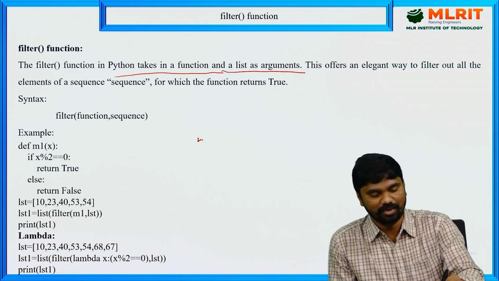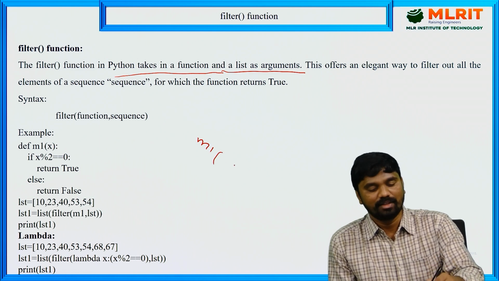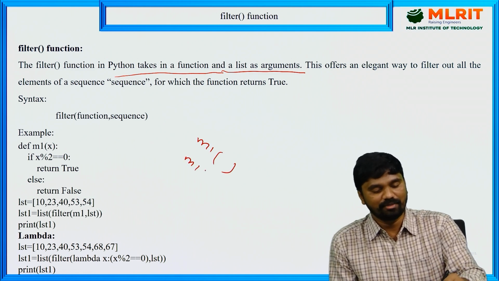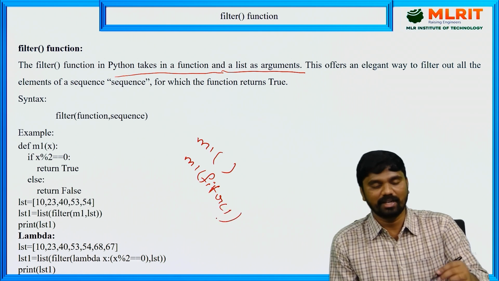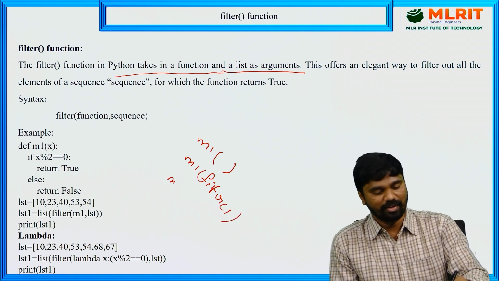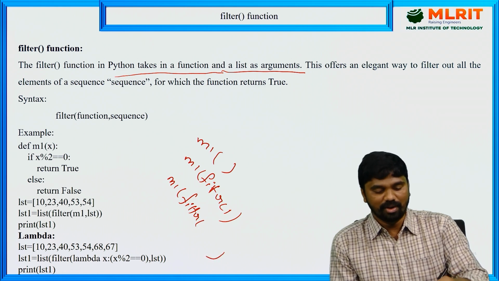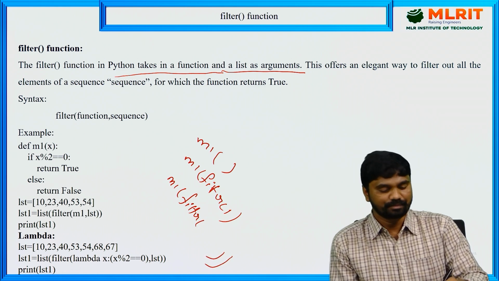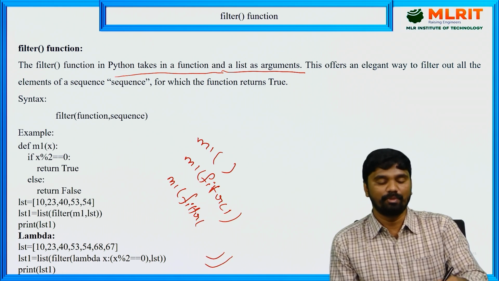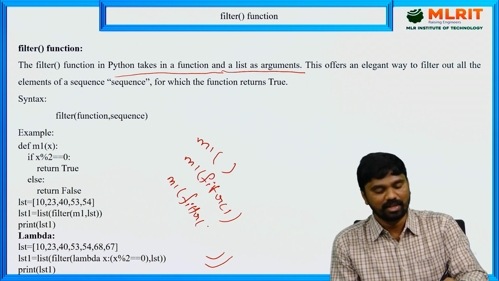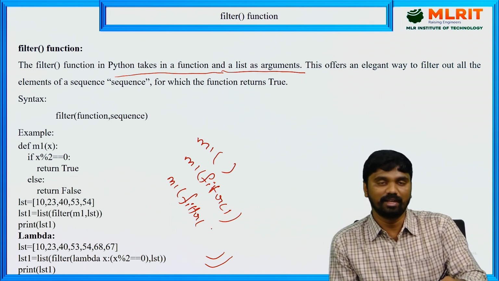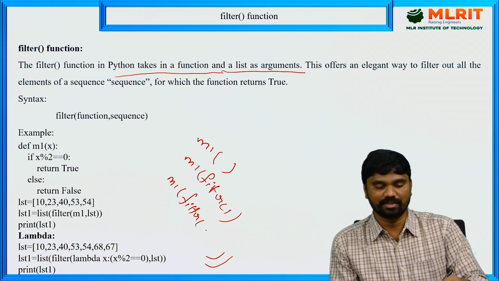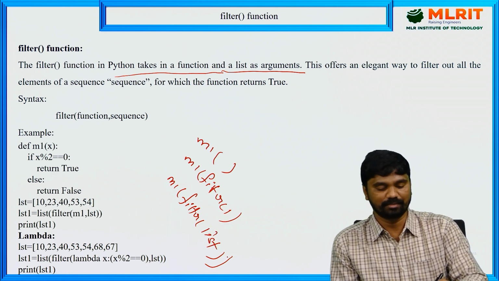For example, say an m1 function is there. In this filter function we are going to pass the m1 function as an argument, and then pass the list as the other argument.